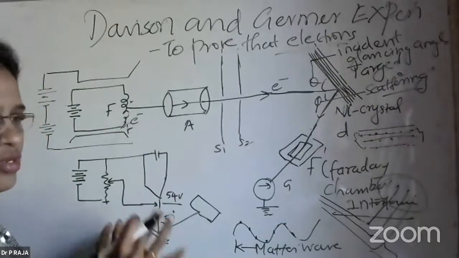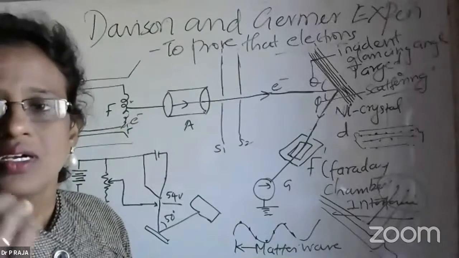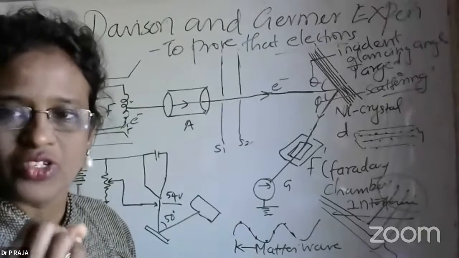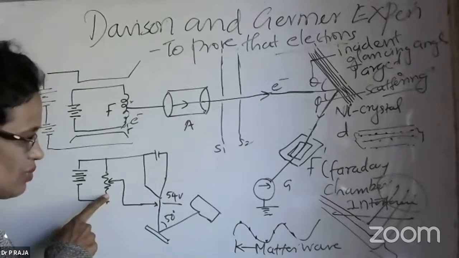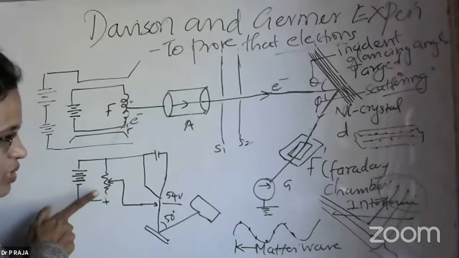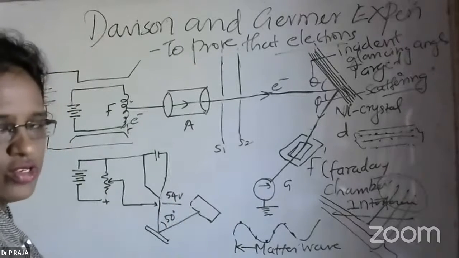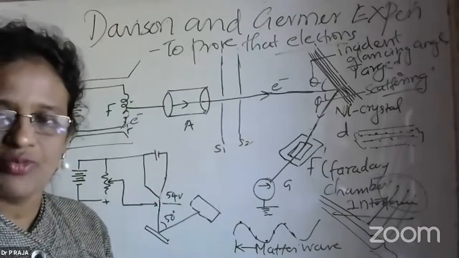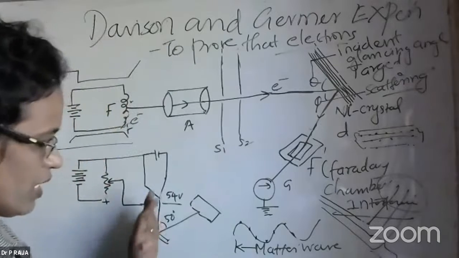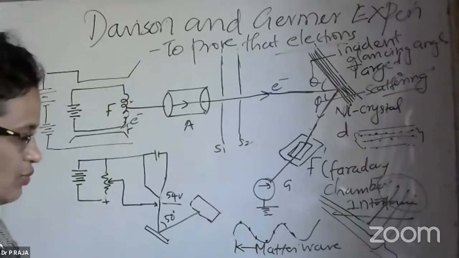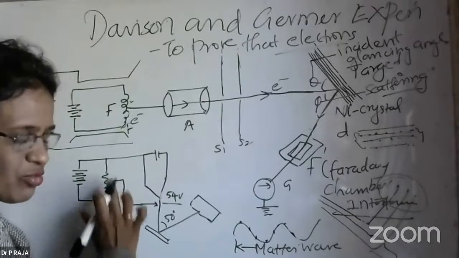Without a potential difference, the flow of electrons is very slow. So more potential difference was given on this side using a rheostat setup, which can be adjusted suitably, and different voltages were tried: 40 volt, 44 volt, 48 volt, 54 volt, and 60 volt. All these different voltages they tried, varying the potential difference.